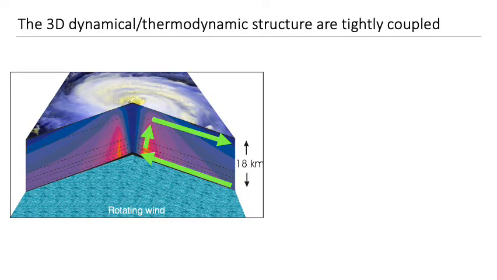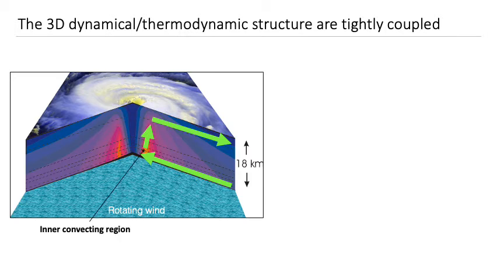I also want to note that the 3D dynamical and thermodynamic structure are really tightly coupled together. This is probably not essential to this lecture, but I want to highlight it for those of you who are interested, to give you more context on how a tropical cyclone works. Here's our rotating circulation with the overturning circulation superimposed on it.